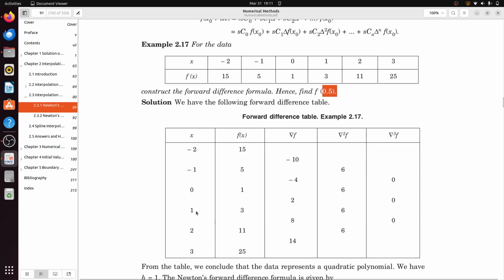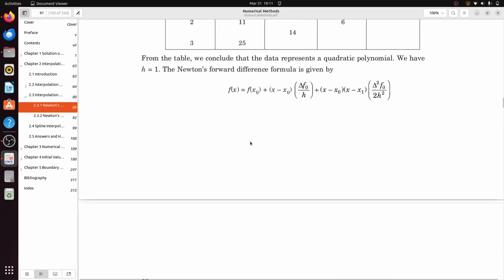And if the value is close to the last few values, 1, 2, 3, then use the backward difference formula. If I give you interpolation at minus 0.5, you will use the forward difference formula. If I give you 2.5, you will use the backward interpolation formula.